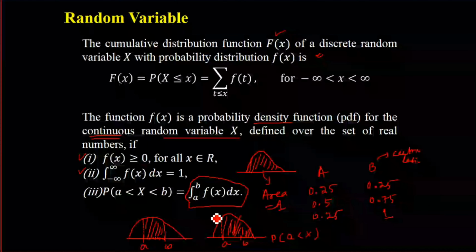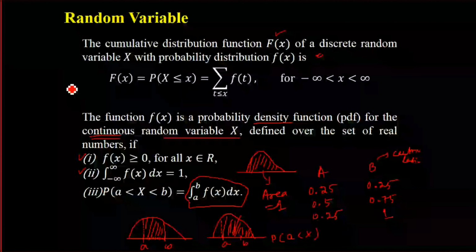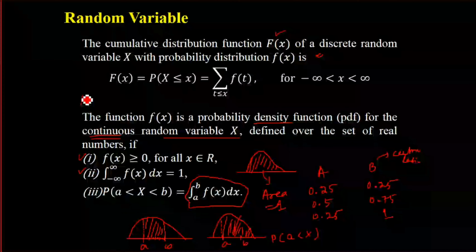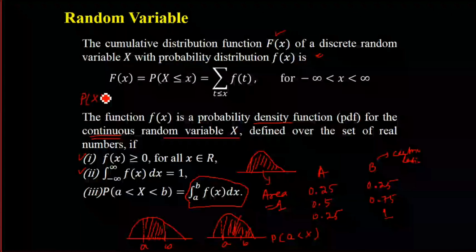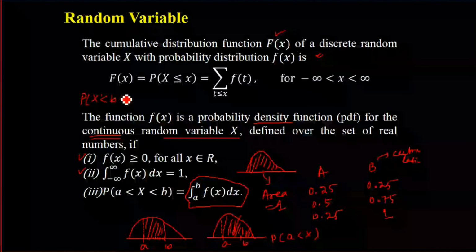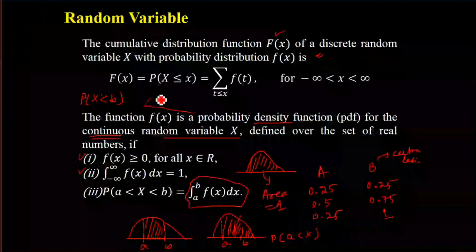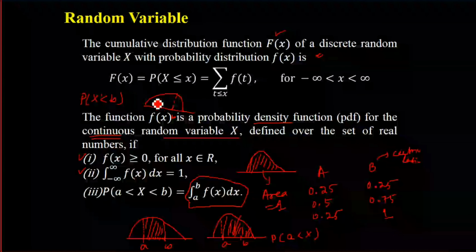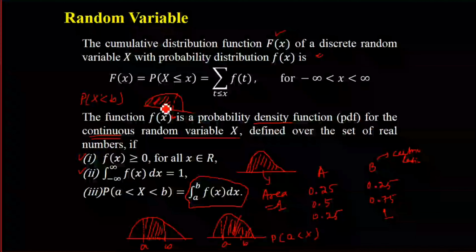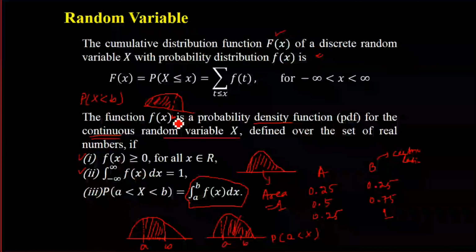So tell me now, if we want the probability of X less than B, how to find it? Similarly you can draw this, let it be B. So this region, that way you have to do. I think you understood this one.